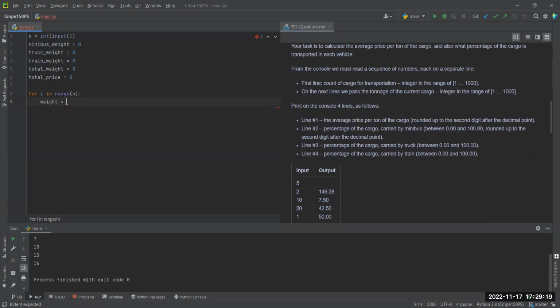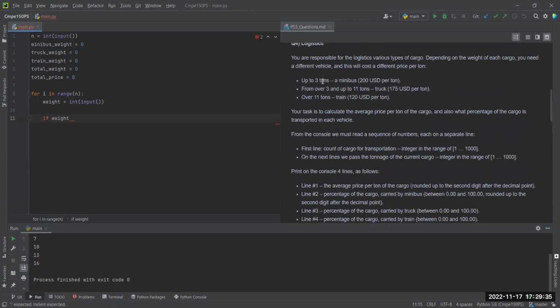Weight of cargo can be defined as weight, and it will be taken from the user as an integer input. So I am taking the weight as an input each time, and if this weight is, as you can see, up to 3 tons, meaning less than or equal to 3 tons, then it should be transported with a minibus.